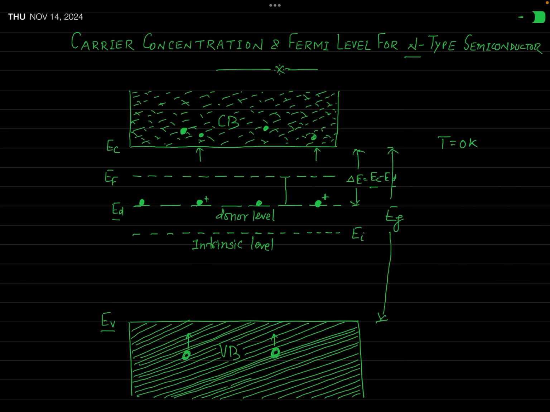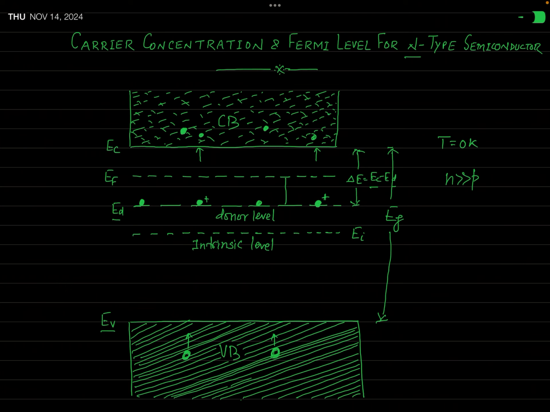Since the number of holes produced in this process is very small and the number of electrons is very large, the Fermi level must lie somewhere near the middle of the donor level and the bottom of the conduction band.